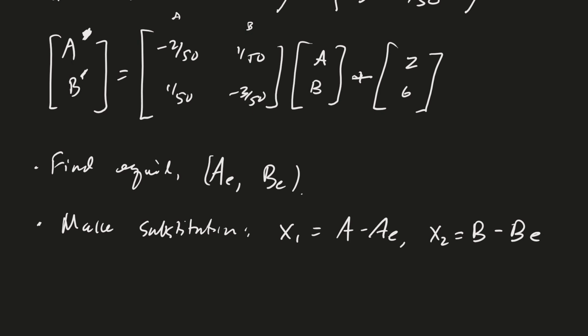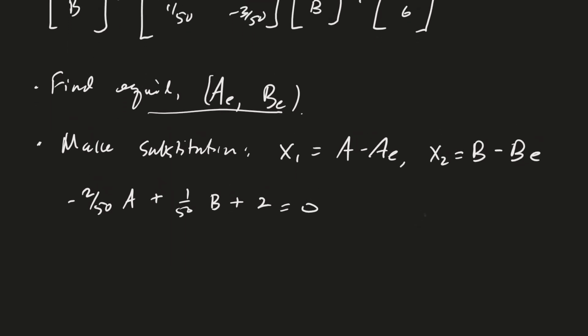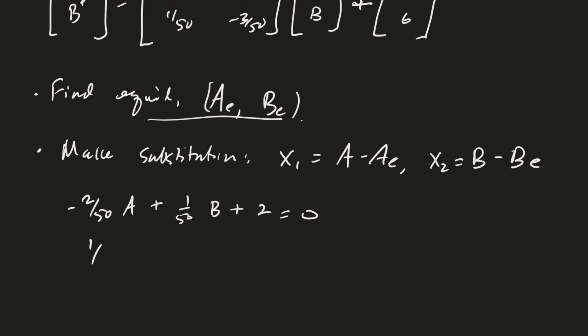Okay, let's see, for the equilibrium solution, I've got minus 2 over 50 times A plus 1 over 50 times B plus 2 equals 0. Remember, we're setting the derivatives to 0. And the second equation, 1 over 50 times A minus 3 over 50 times B plus 6 equals 0.